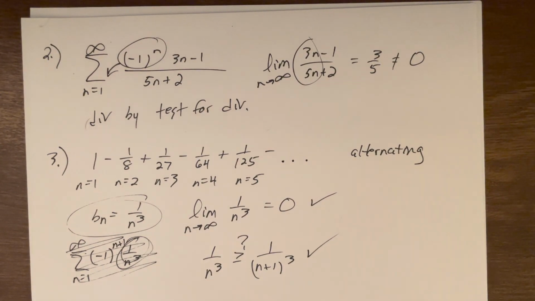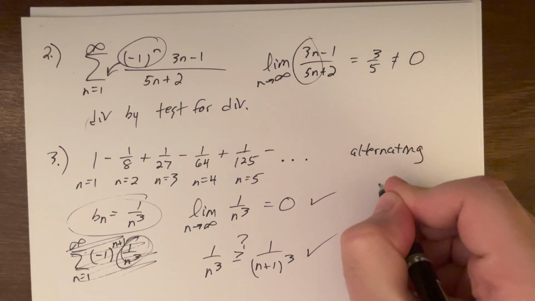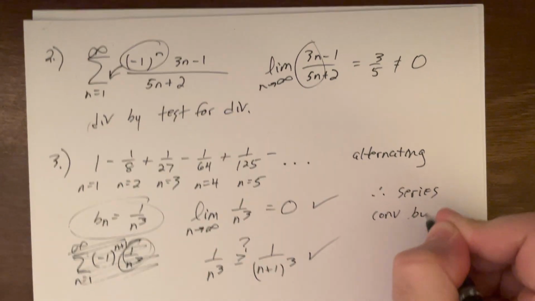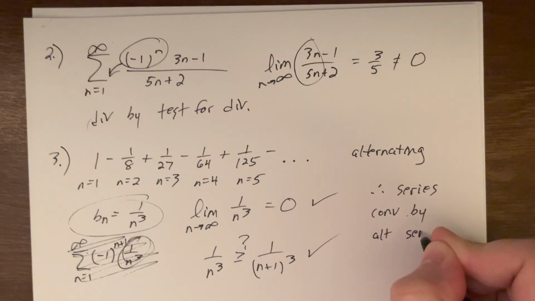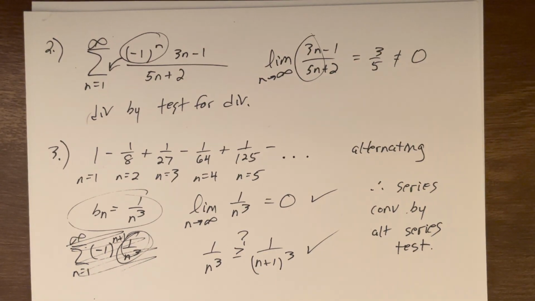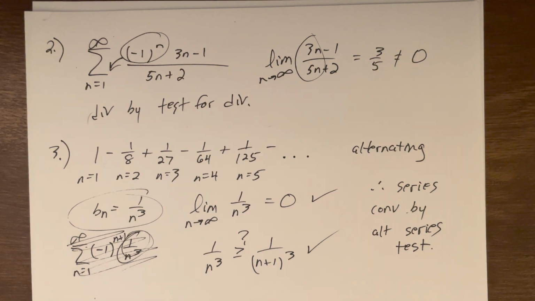It is, right? Bigger denominator is smaller fraction. So therefore, the series converges by alternating series test. So again, just to see some random terms, still not the worst.